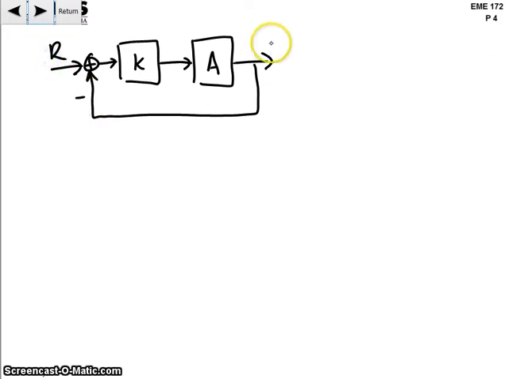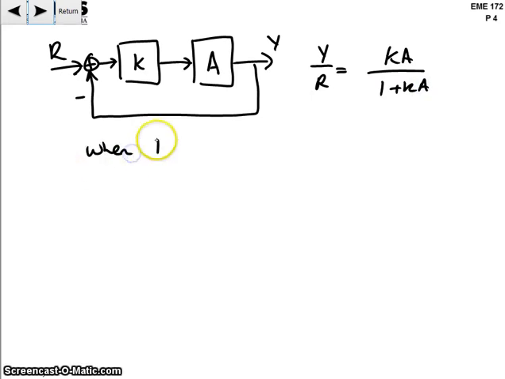So this is just a very simple example. We could write the transfer function from r to y as ka over 1 plus ka. And when ka is big, right, so these are just numbers, okay? K could be 10, a could be 1,000, so the product of those two things is 10,000.